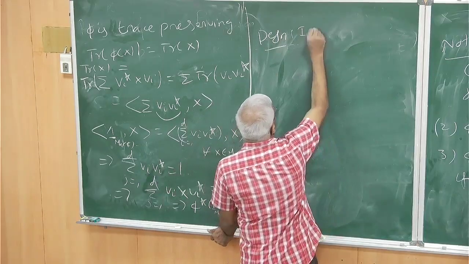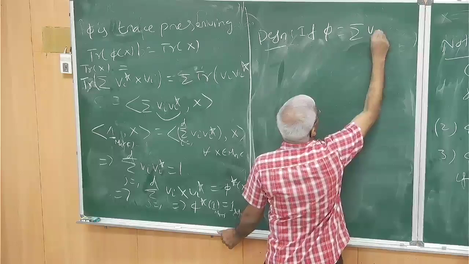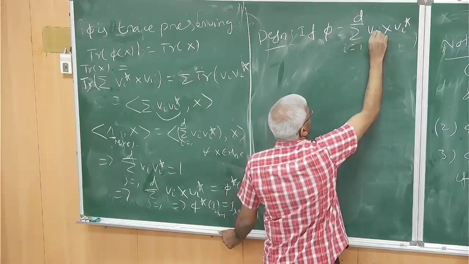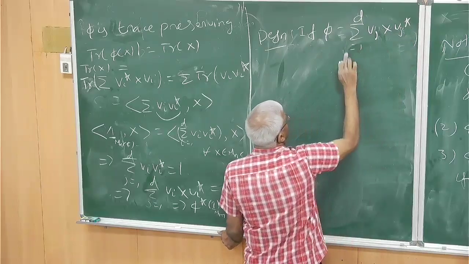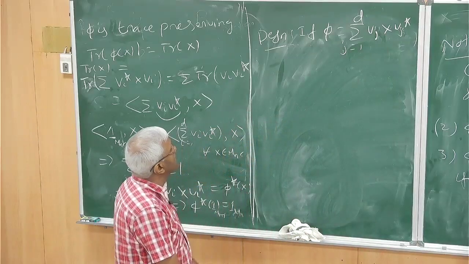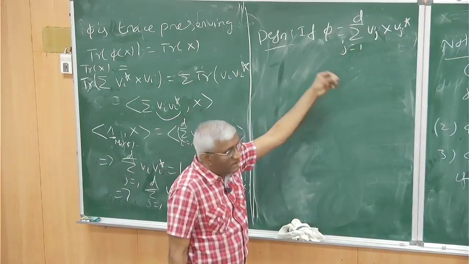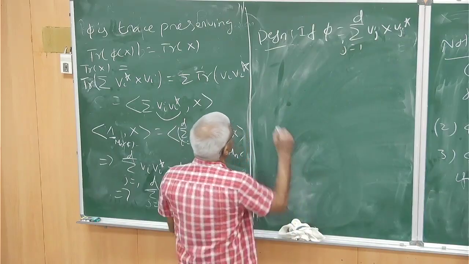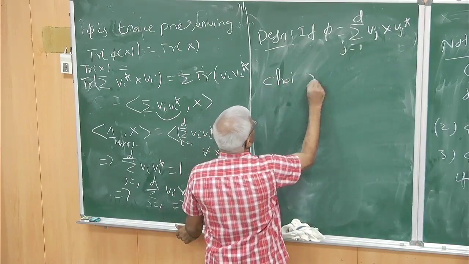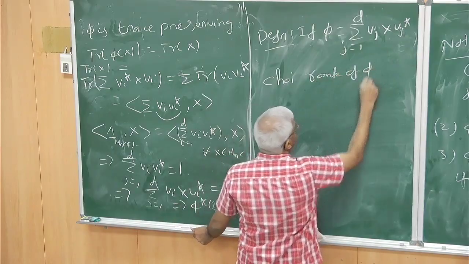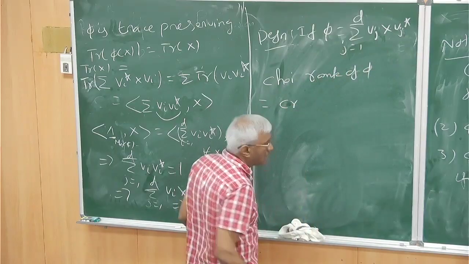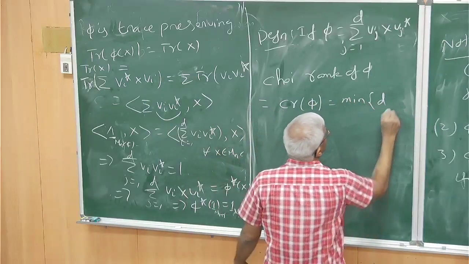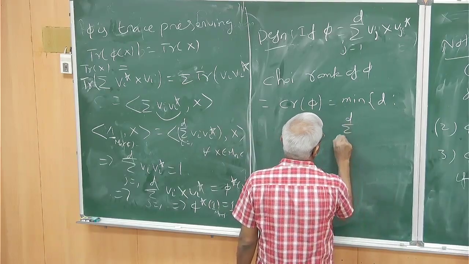So if phi of x equal to summation Vj x Vj star, j equal to 1 to d. Okay. Then the minimum number of Vj's required for this is what is called the Choi rank of this, which we denote by CR of phi, equal to the minimum of d such that summation j equal to 1 to d.